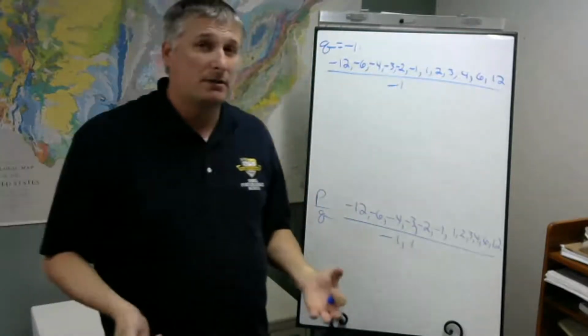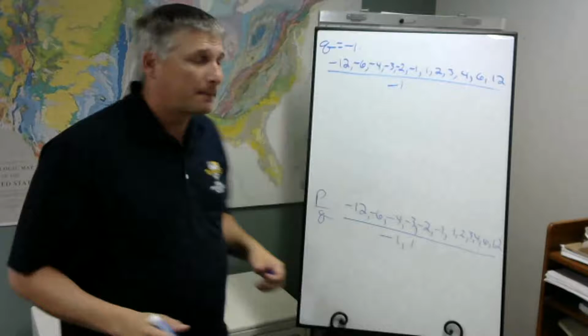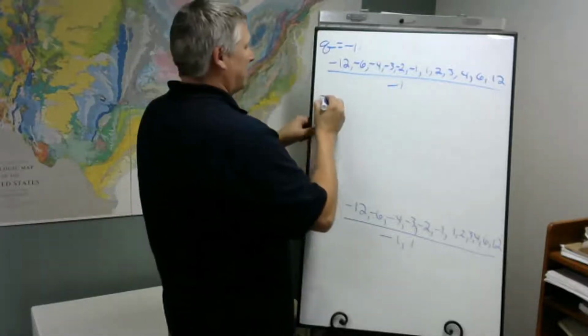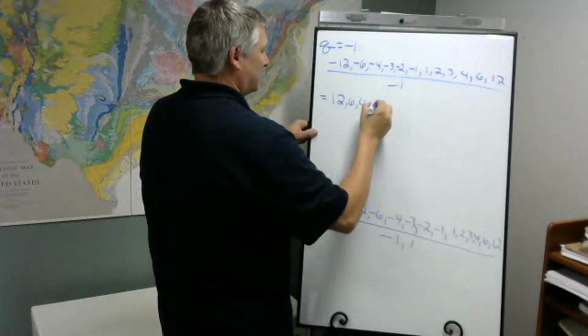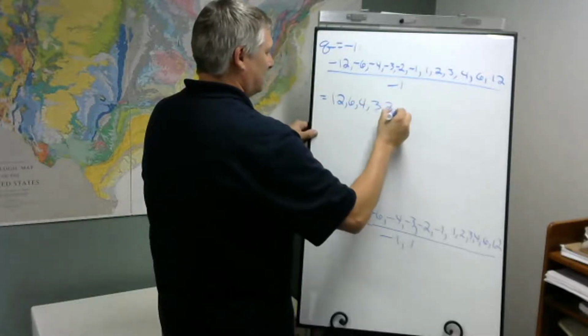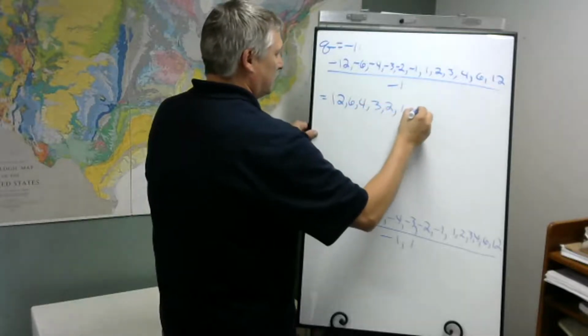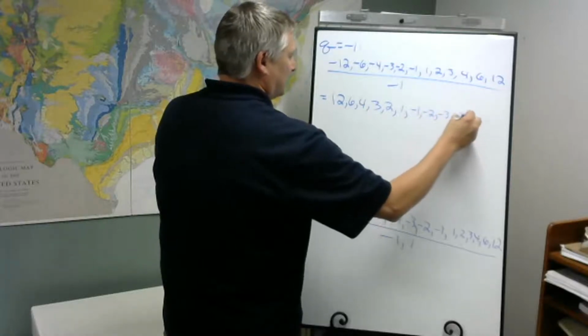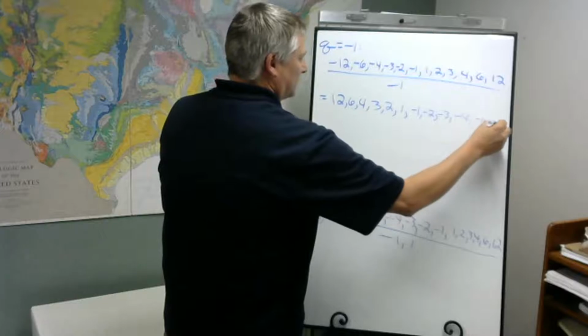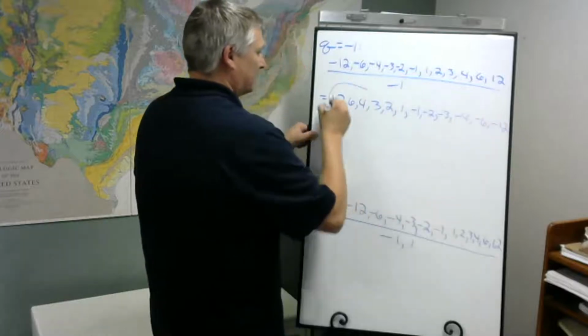We're going to divide each of the numbers in the list by negative 1. So we'll get 12, 6, 4, 3, 2, 1, negative 1, negative 2, negative 3, negative 4, negative 6, and negative 12.